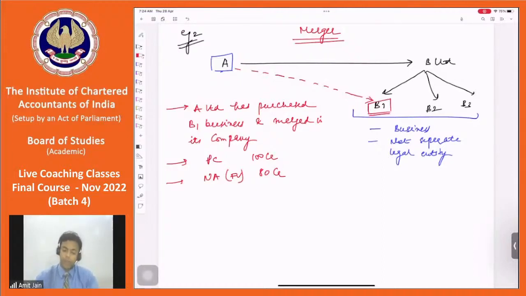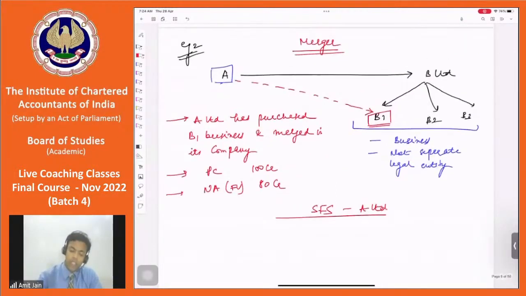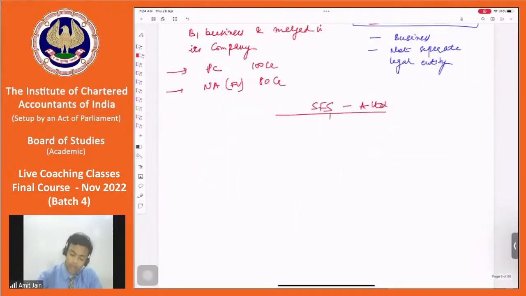Now what is happening, right? That means here we have only a standalone financial statement, no consol financial statement, correct? So in the standalone financial statement, since this is a merger, we need to apply business combination accounting, right?